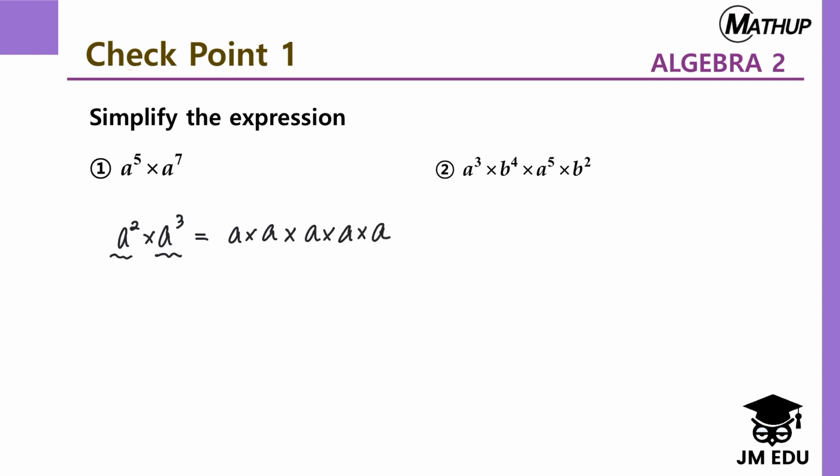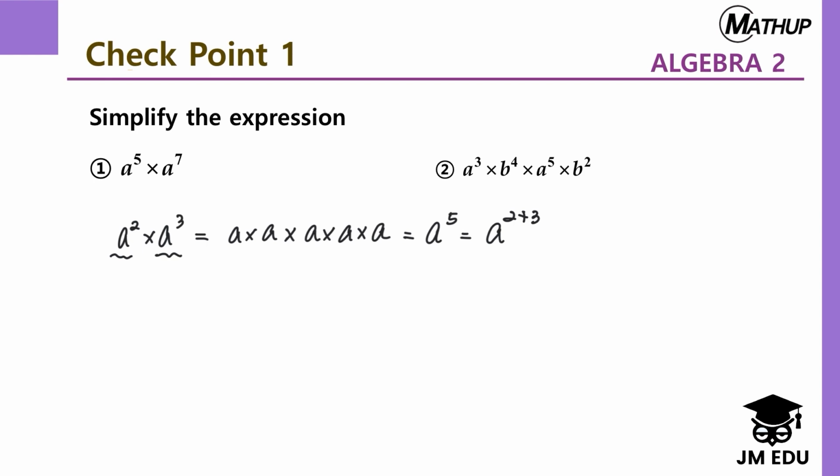So in total, we have 5 a's multiplied together. So that's going to be a to the 5, right? So when two terms with the same base are multiplied together, we can add these two exponents. So we can actually write this expression as a to the 2 plus 3.